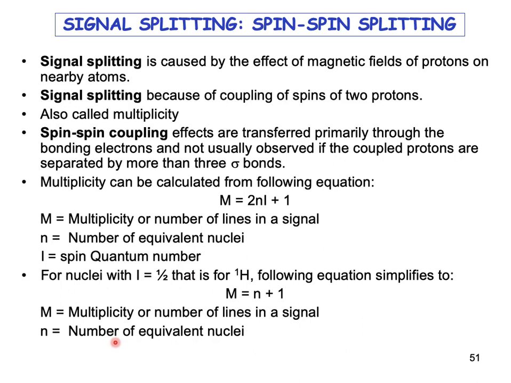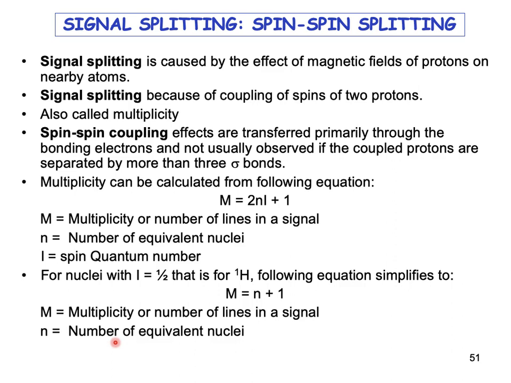Now the third component of the NMR spectrum is signal splitting, which is also called spin splitting. Let me brief you on what we have already covered. In the NMR spectrum, number one is chemical shift, and number two is the integration.